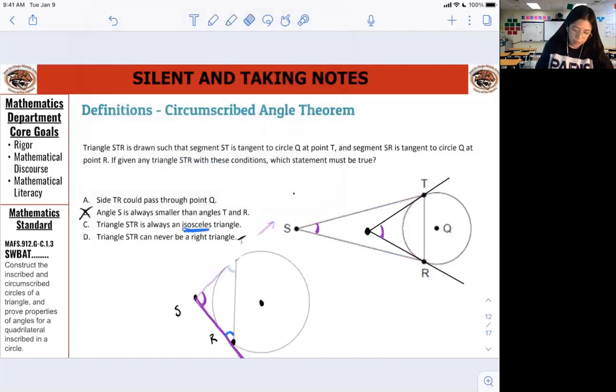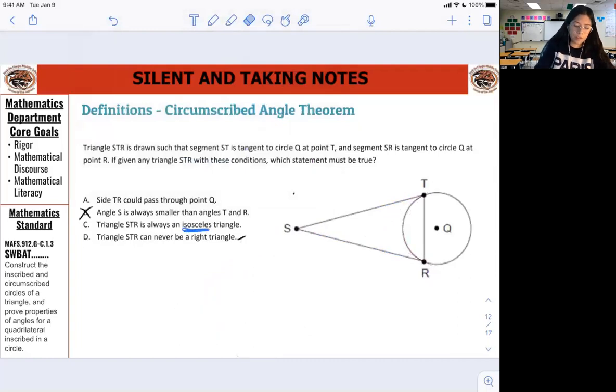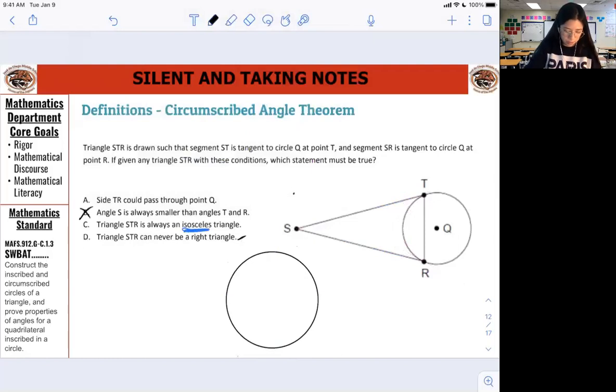Let's check out A. A is claiming that TR could pass through the center. Well, if that were true, that would mean that TR is what type of line?